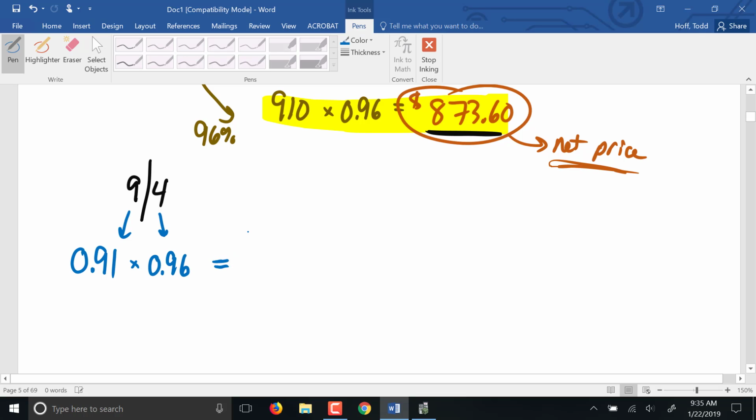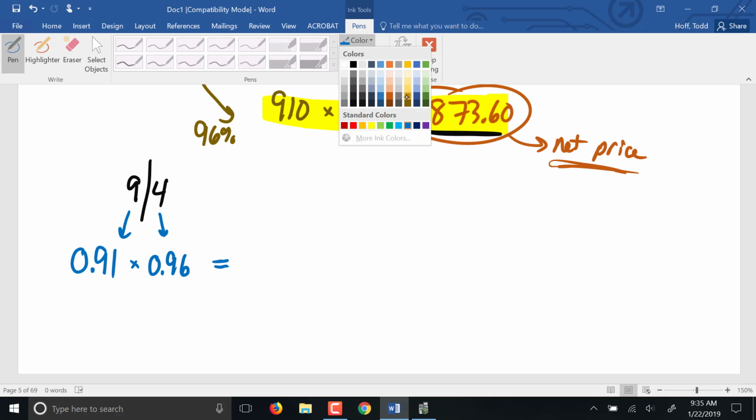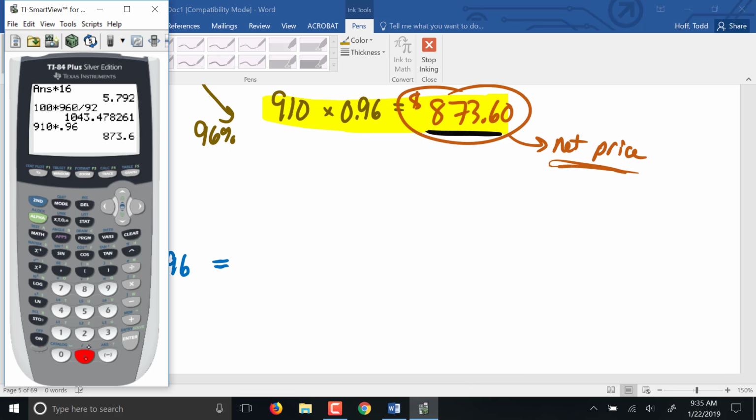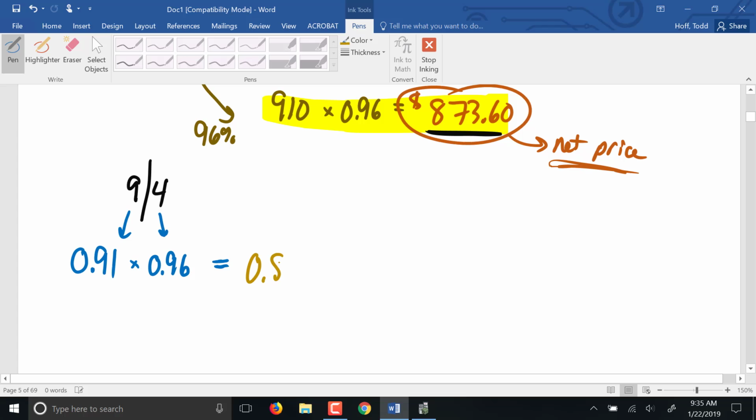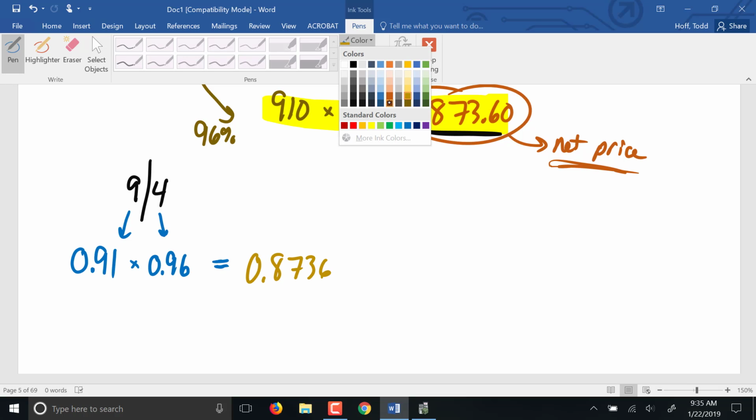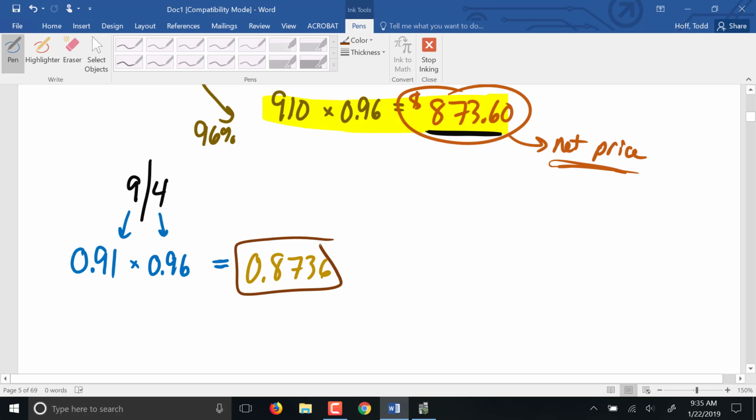If I just multiply those two rates, 0.91 times 0.96, I get 0.8736. This amount is what is referred to as the net decimal equivalent.